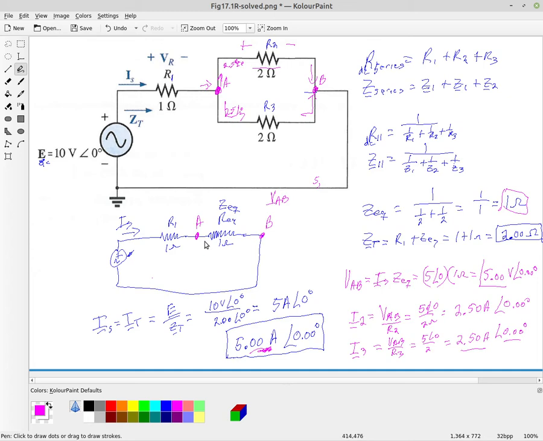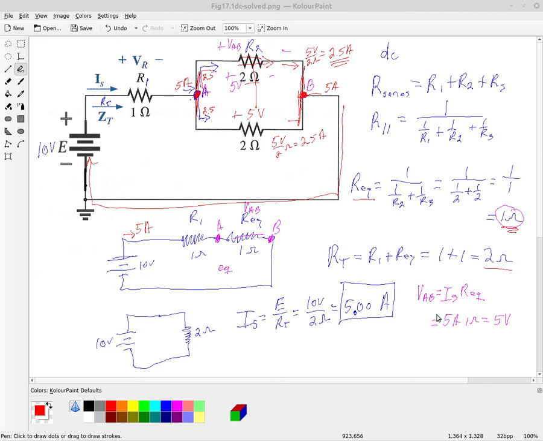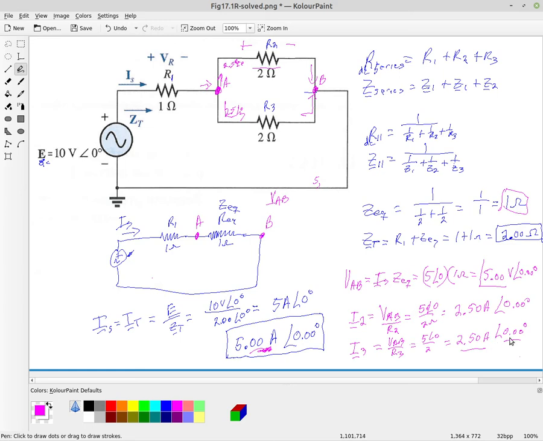So this is the AC, this is the DC. The only difference here is that we had to keep track of our phase angles. It was really easy in this case because the impedance of the circuit was resistance only, and the voltage across a resistor is always in phase with the current through the resistor.